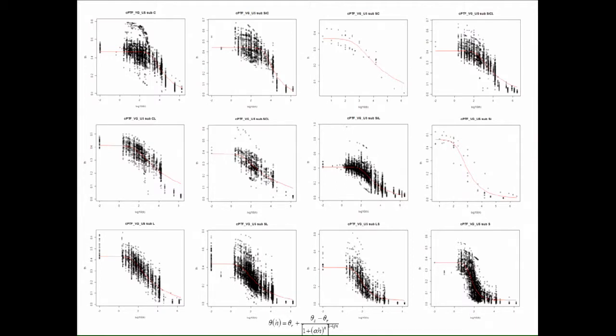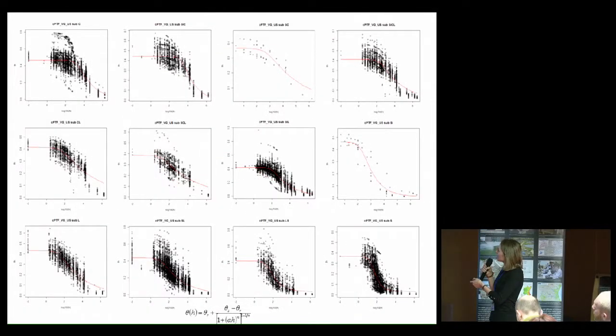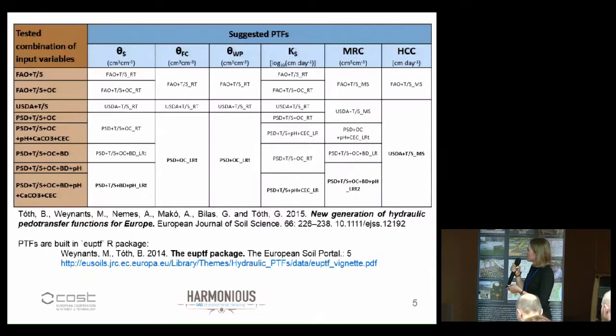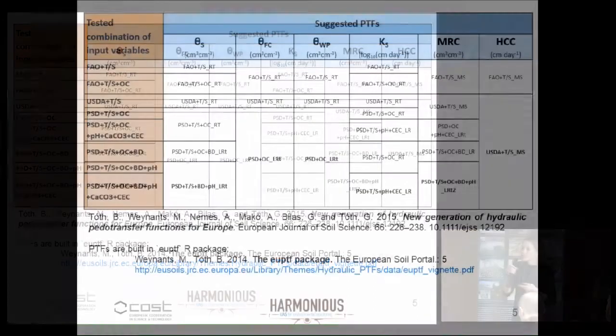And basically, the fitted lines were the class pedotransfer functions when we worked out the predictions.